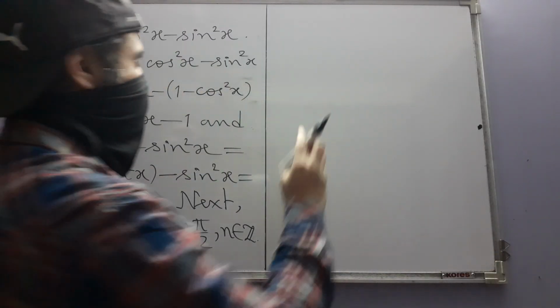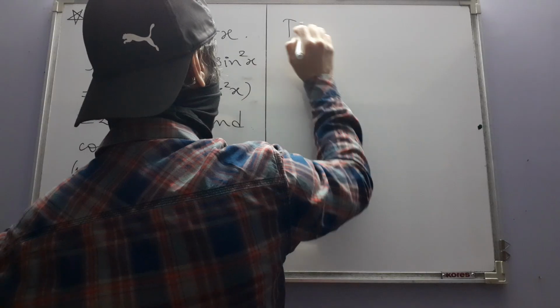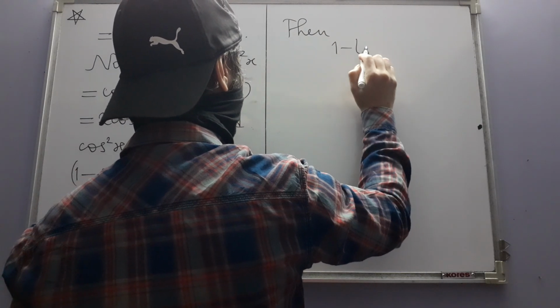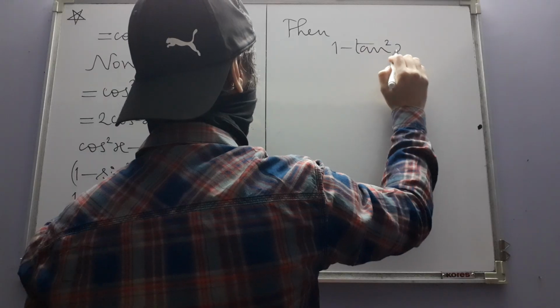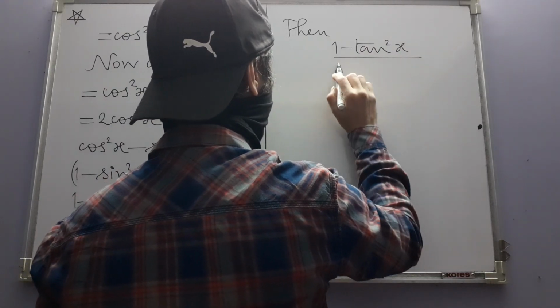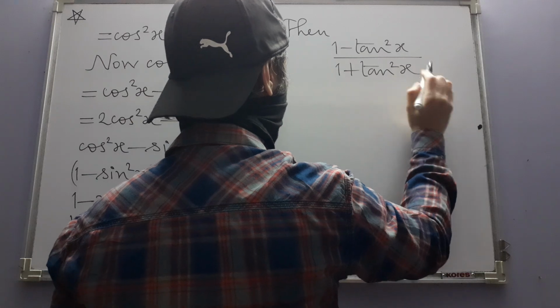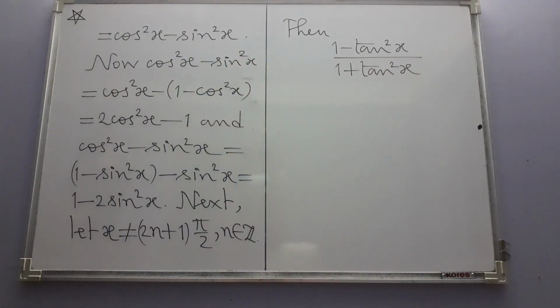Then let's start with this expression, 1 minus tan square x divided by 1 plus tan square x.